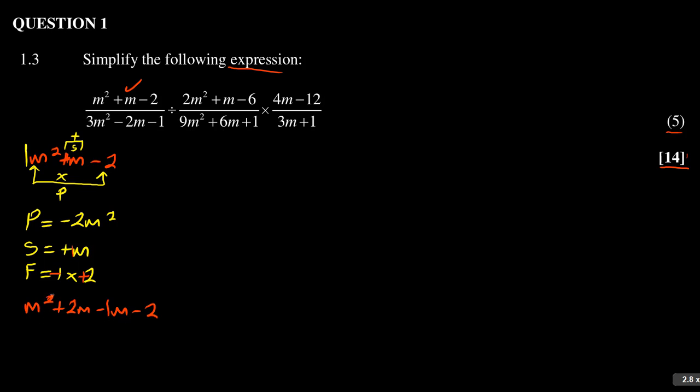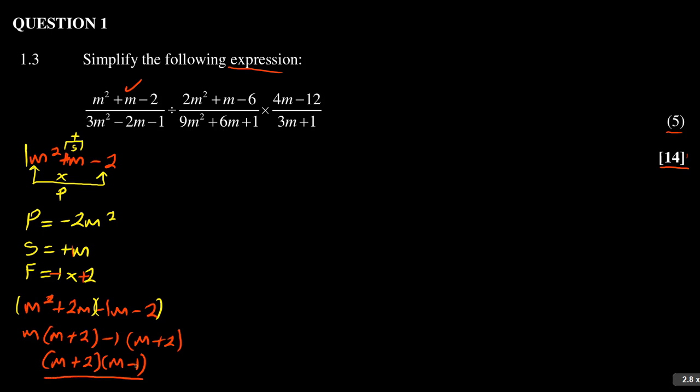Now, when I've done that, I factorize by grouping. Take the first 2 and the last 2. I will have my m, which is m plus 2 minus 1 and m plus 2. So I have my m plus 2 and my m minus 1.